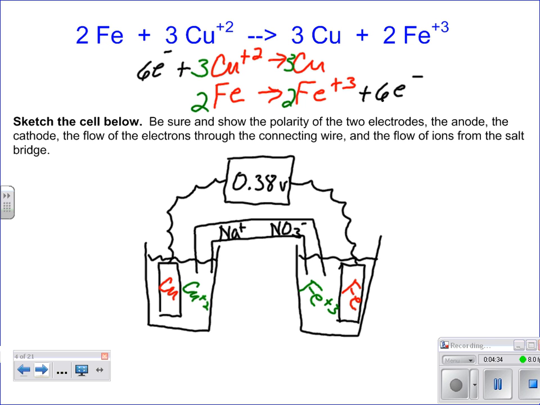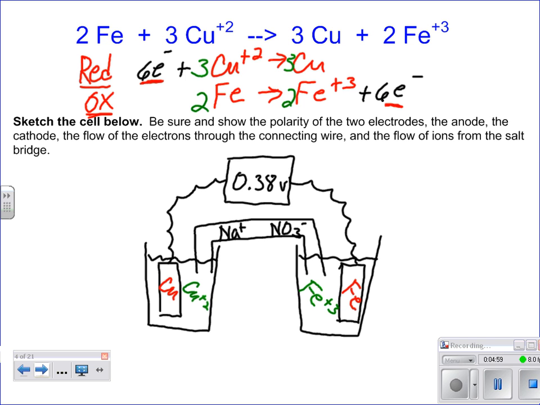We read through our notes and saw that the anode is always the electrode where oxidation takes place. Looking back at my half reactions, in copper I'm gaining electrons, so that's where reduction is taking place. With my iron I'm losing electrons, so that's where oxidation is taking place.